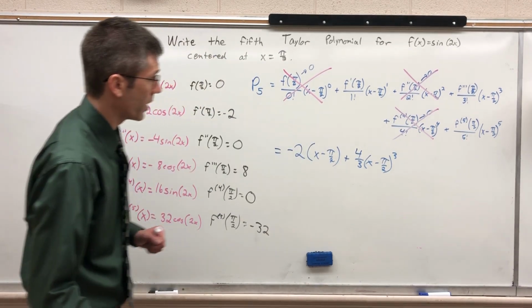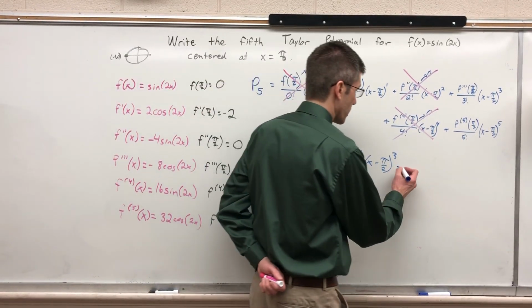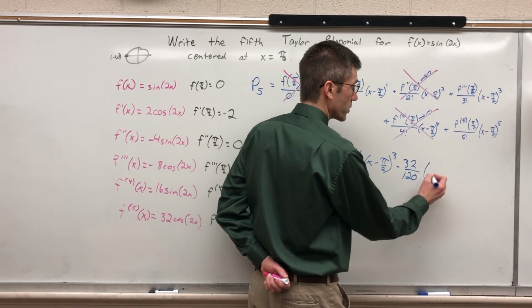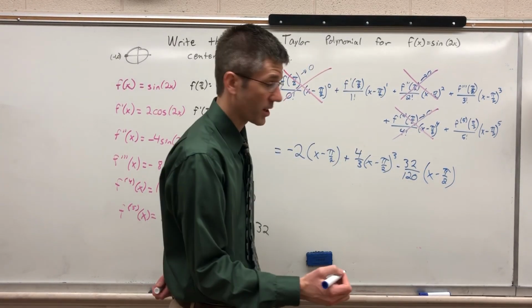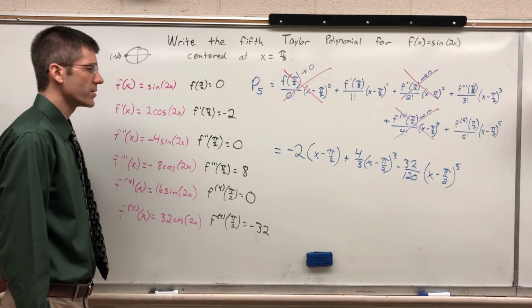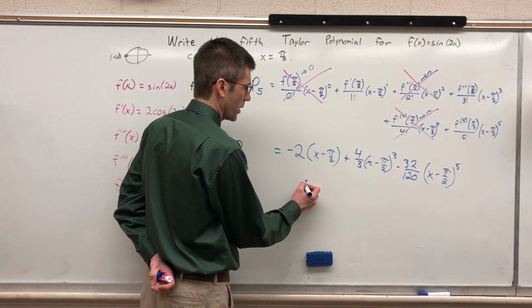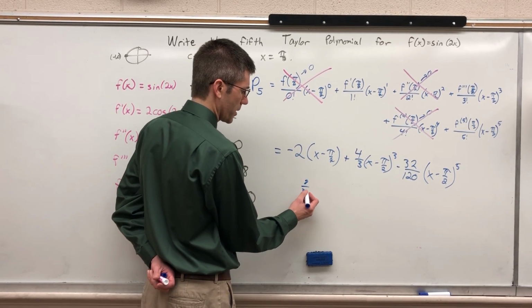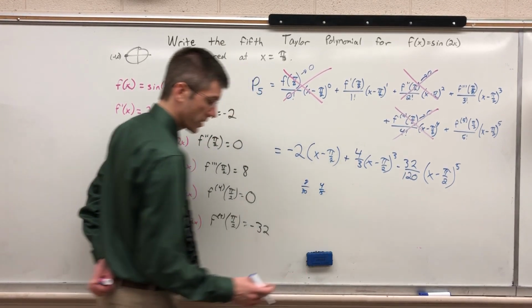And then we have the fifth derivative at pi over 2, which was negative 32. So negative 32 over 5 factorial, which is 120. We'll reduce that in just a second. I'm stalling because I don't know what it is off the top of my head. 32 over 120, let's see, 4 goes into the top 8 times, 4 goes into the bottom 30 times, that still divides, so divide that by 2, 4 over 15, is that what I got?